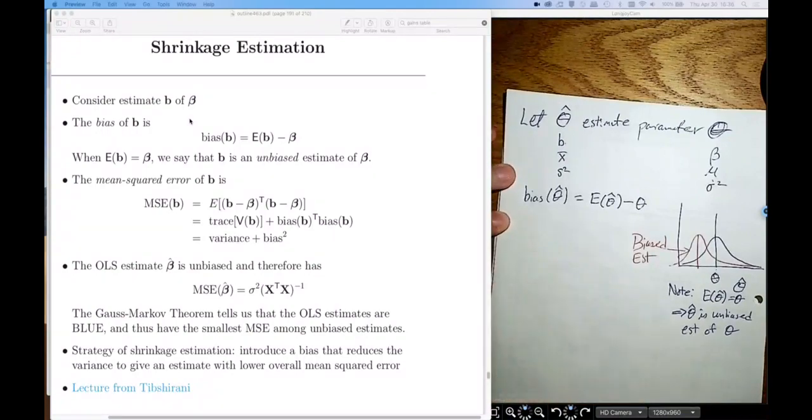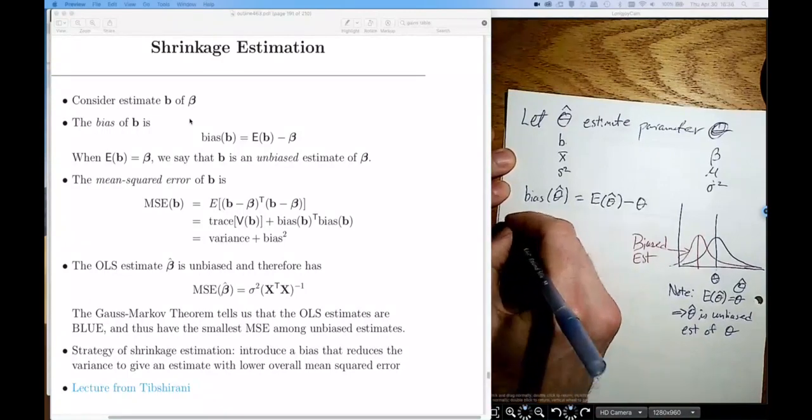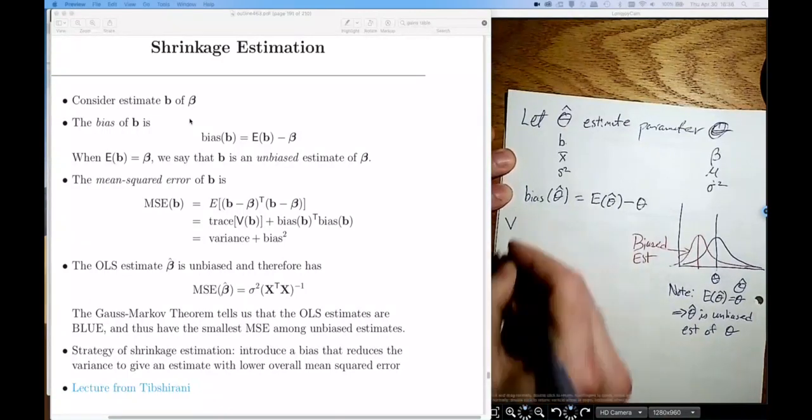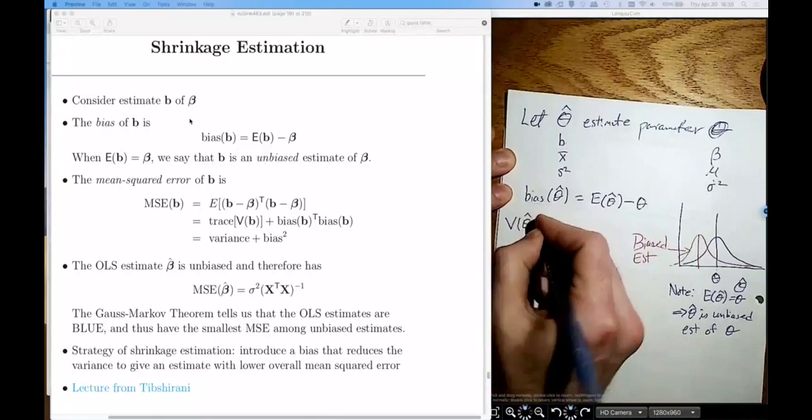Another key property is how stable the estimator is. We often call that the variance of the statistic.